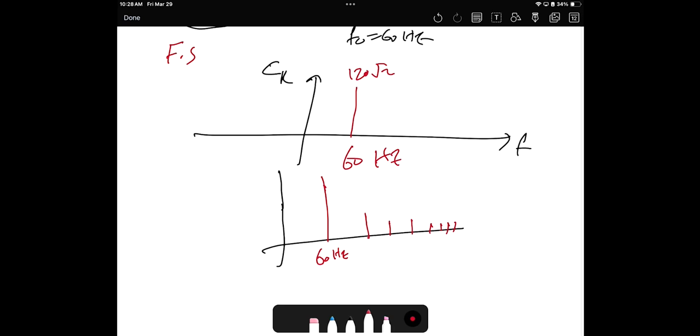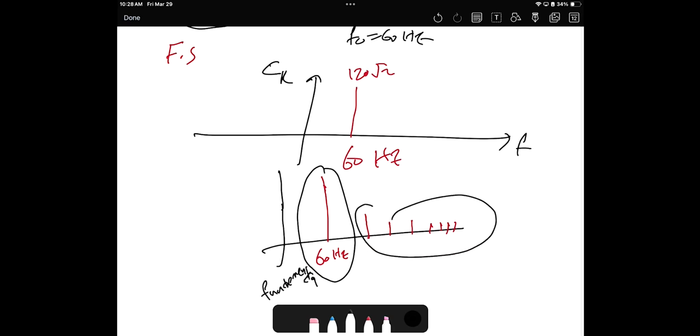But whenever the signal in real life is not 100% accurate, then we will have some other parts. The fundamental is this thing. The others we will call harmonics.